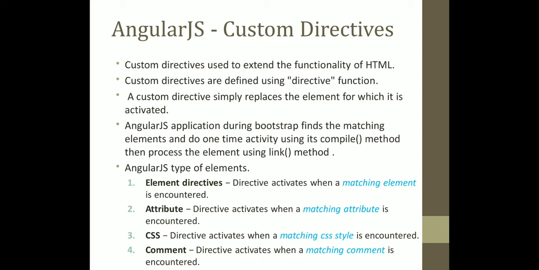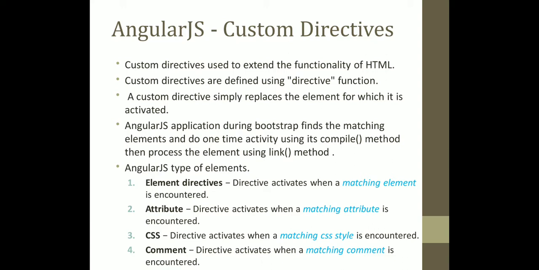The elements for which the custom directives are activated are replaced by the custom directives. Now, an AngularJS application during bootstrap finds the matching element and does a one-time activity using its compile method, then processes the element using the link method. So basically 2 methods are compulsory here, the compile and link methods.